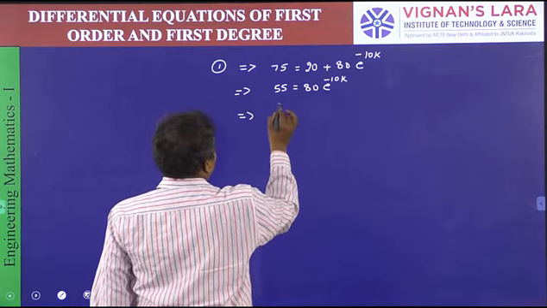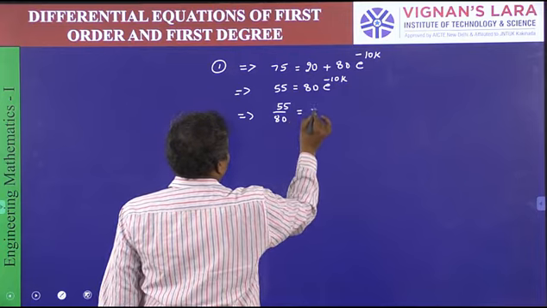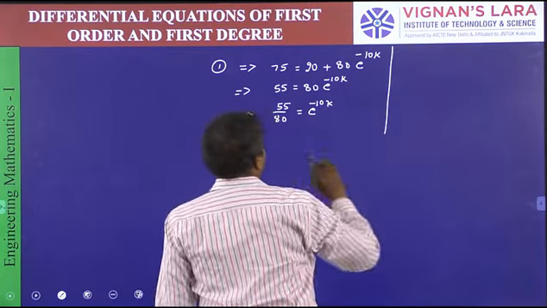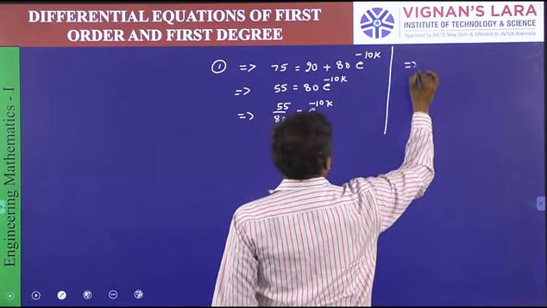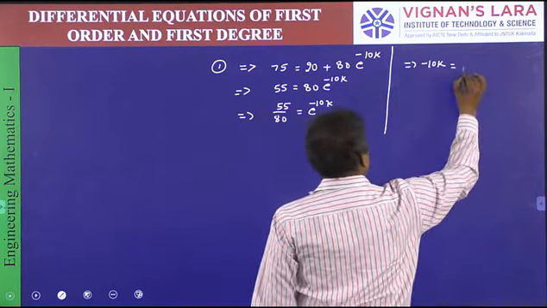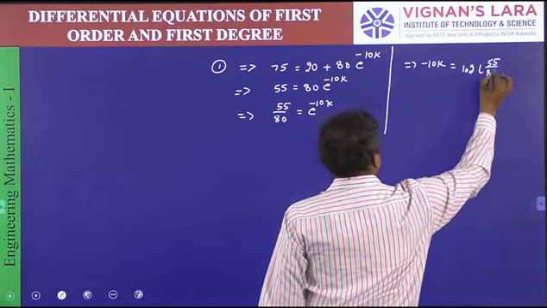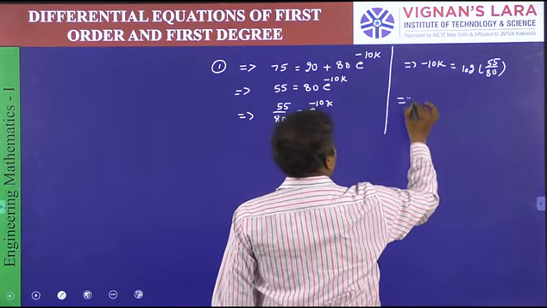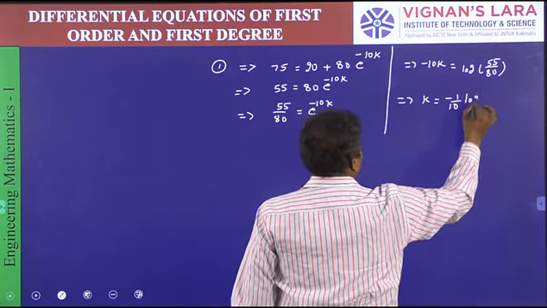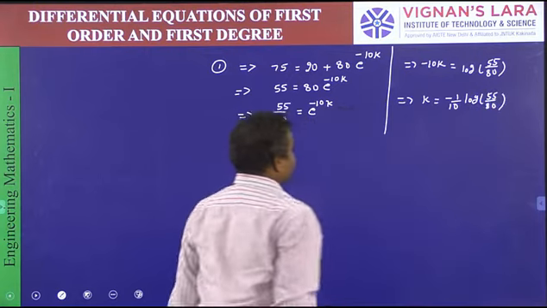That implies 55 by 80 is equal to e power minus 10k. Calculate k also. That implies minus 10k is equal to, e goes to that side, logarithm, log of 55 by 80. That implies k is equal to minus 1 by 10 into log of 55 by 80.